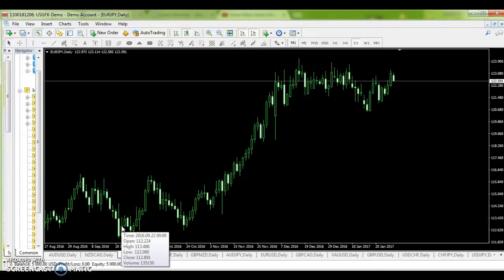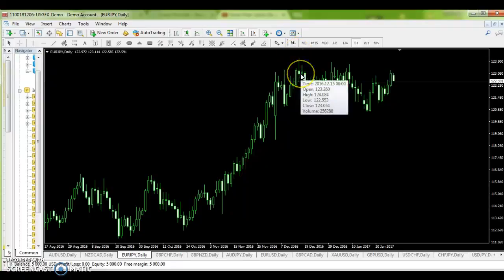Let's go through the chart. As you can see, in the month of September 2016, this particular pair has posted the low point. From this September 2016 up till December 2016, there was a buying trend, right?